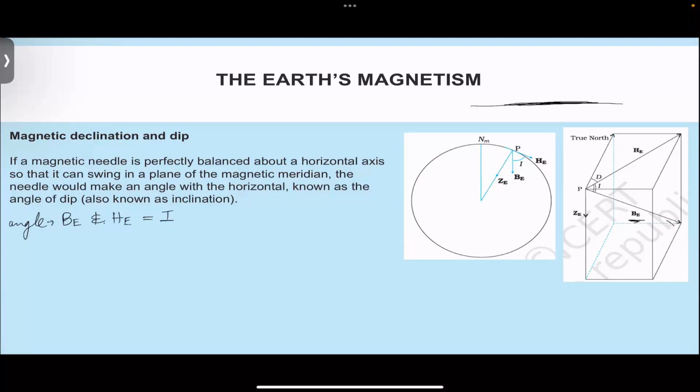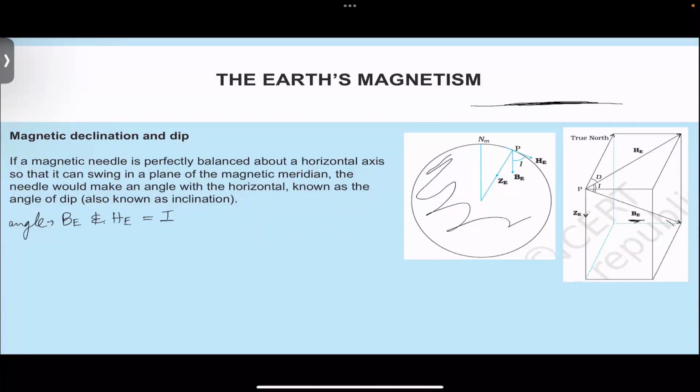Suppose we consider this point P on the Earth's surface. This is the magnetic meridian plane at P.